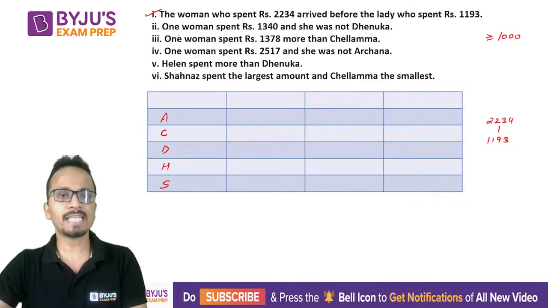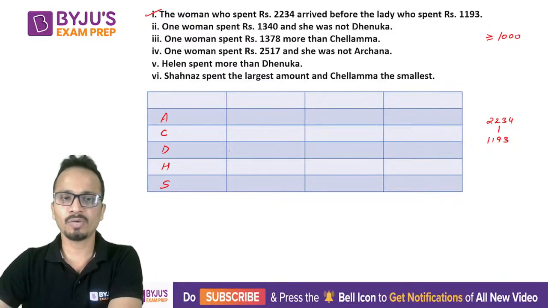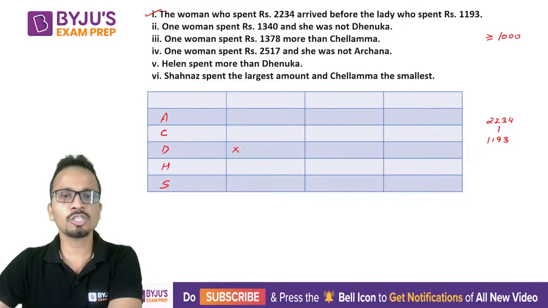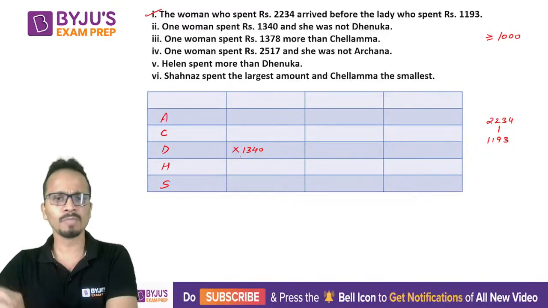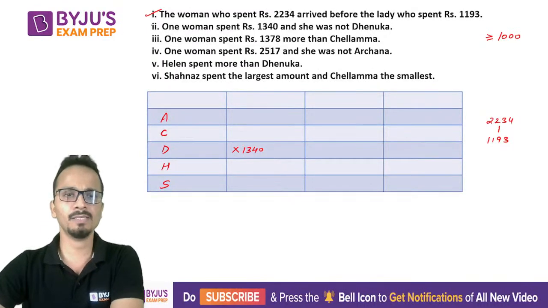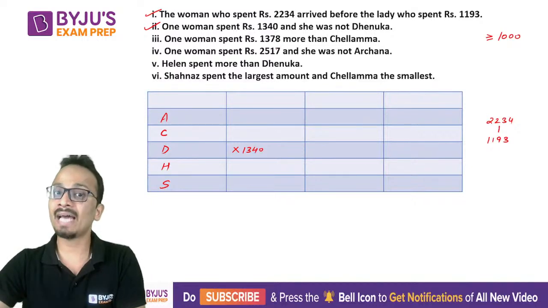Done. Now the second statement: one woman spent 1340 and she is not Dhenuka. So Dhenuka does not spend 1340. Yes, we have a person who has spent 1340, but she is not D. Second statement is over. Third statement: one woman spent 1378 more than Chilama.